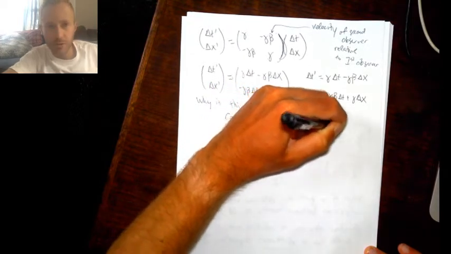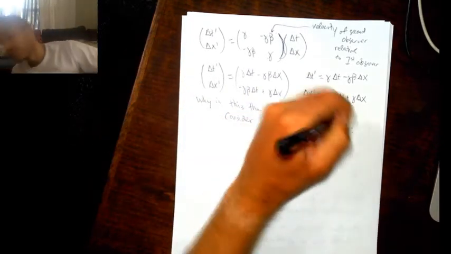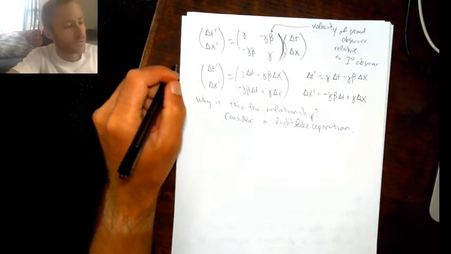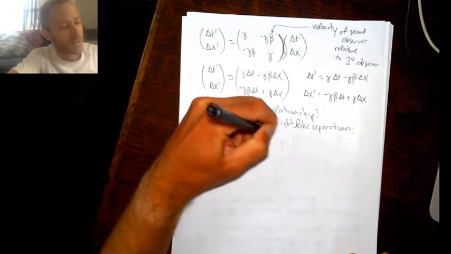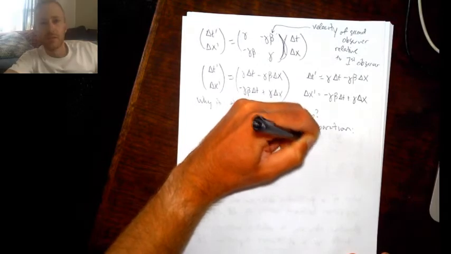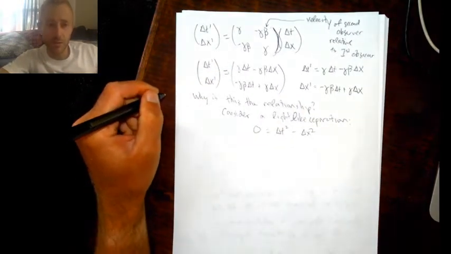So suppose that, and recall, a light-like separation means that 0 equals delta t squared minus delta x squared. The space-time interval between the events is 0.